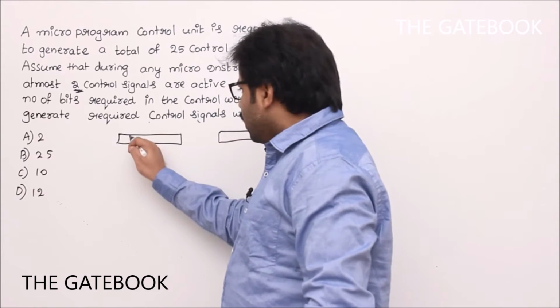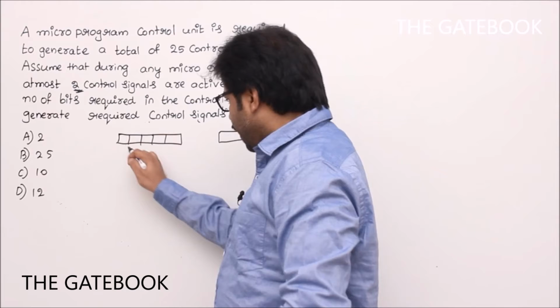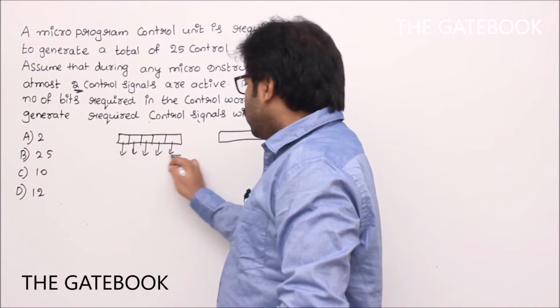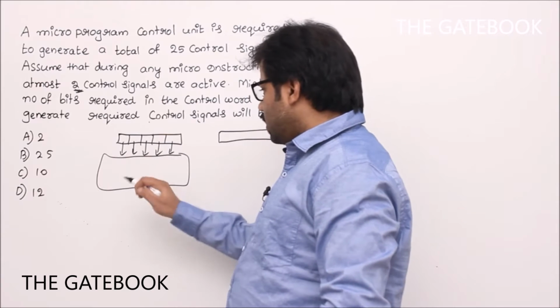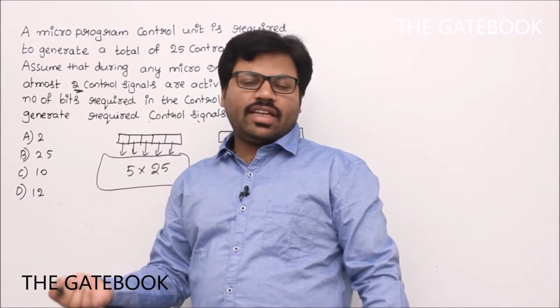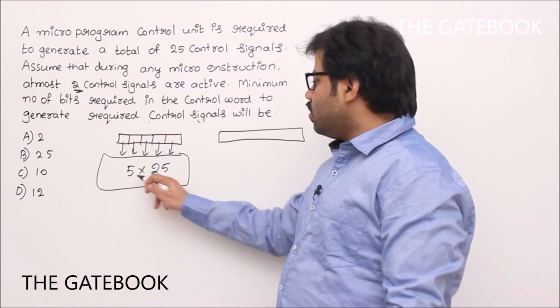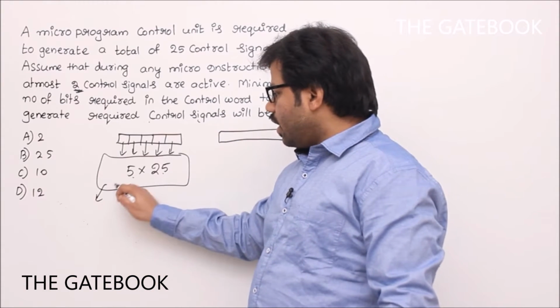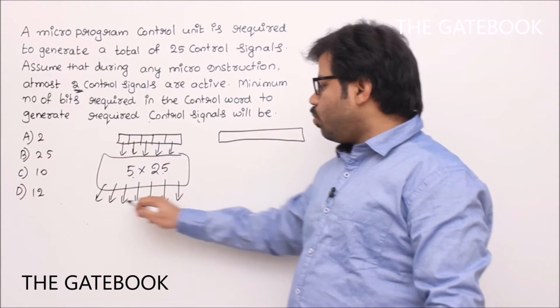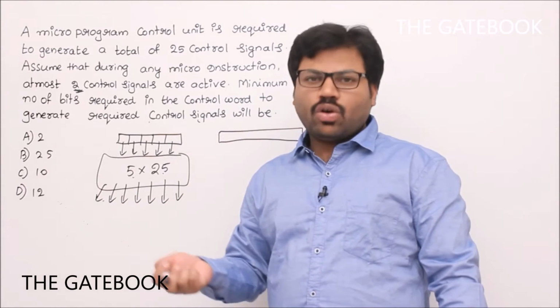So these 5 bits you connect to a decoder, so that this decoder structure will be 5 by, let us say 25, because the other 7 lines are unnecessary for you. Let us use a 5 by 25 decoder, and it will create 25 outputs. Each output you can represent as a control signal.